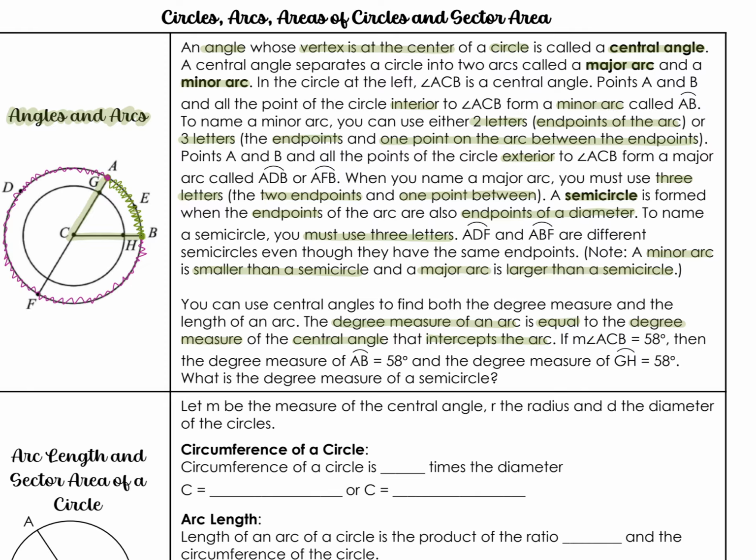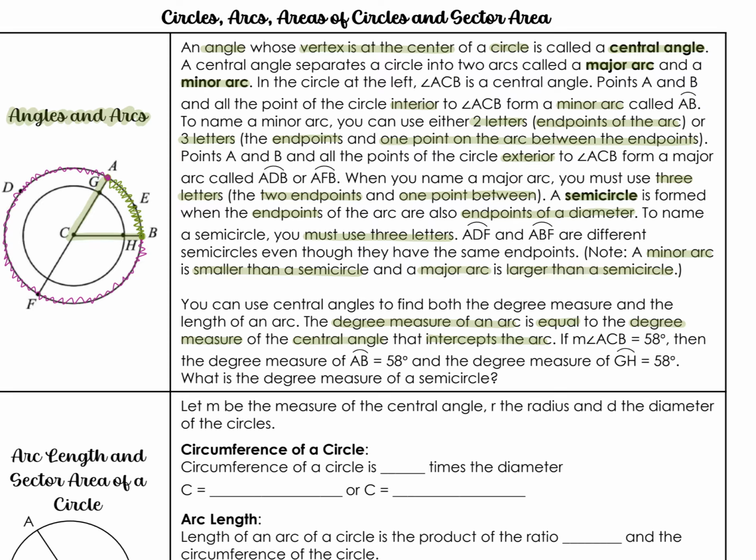So here they are giving you an example: if I look at my central angle and I know that this is 58 degrees, then any arc that is being intercepted, here that AB, or even here that GH for the smaller circle, those two arc measures should be the same.